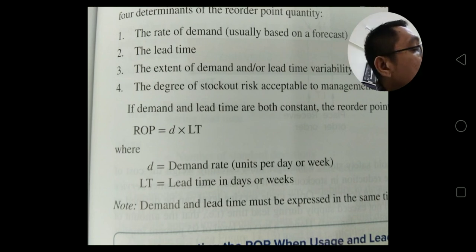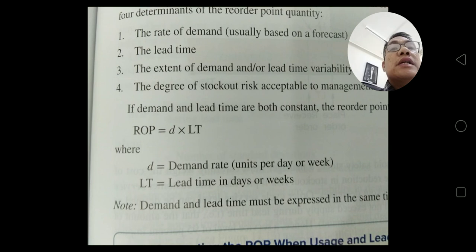So the definition is, its reorder point is when the quantity on hand of an item drops to this amount, the item is reordered. So at what amount do we need to place our order? So napakadali na lang ng formula niyan. We can use this formula if the following assumptions are existing.